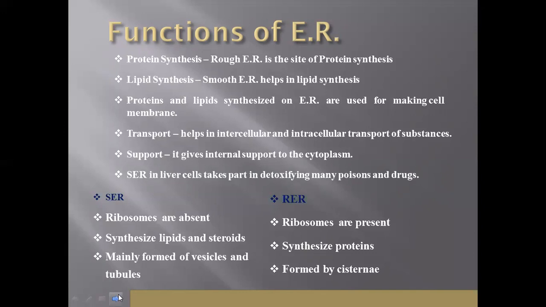Membrane is the plasma membrane, bio is living, and genesis means to produce. That is, for the production of membrane, endoplasmic reticulum is essential. Proteins and lipids synthesized by endoplasmic reticulum are used for the synthesis of membrane, and that term is known as membrane biogenesis.